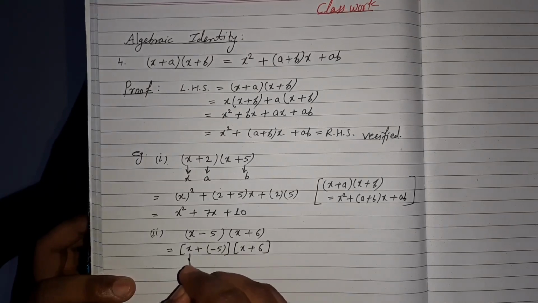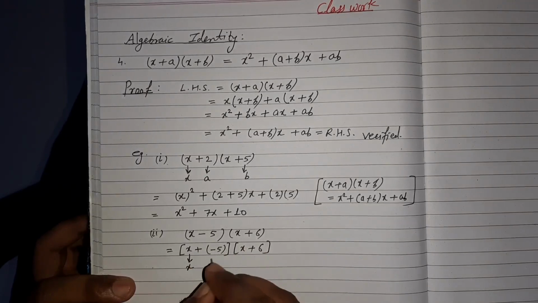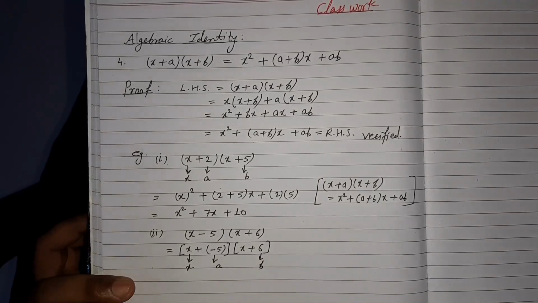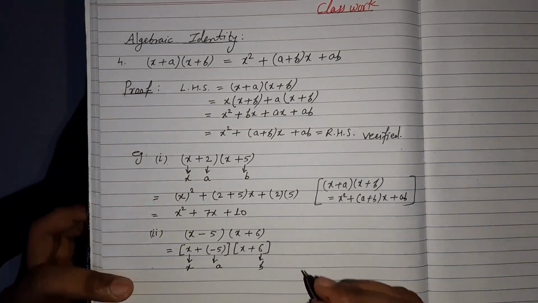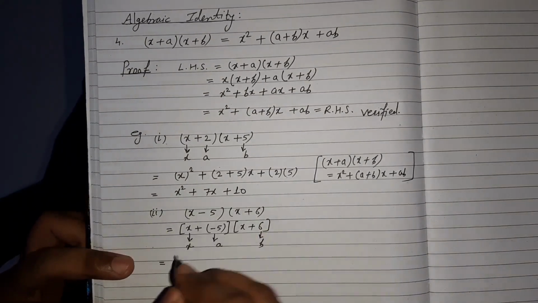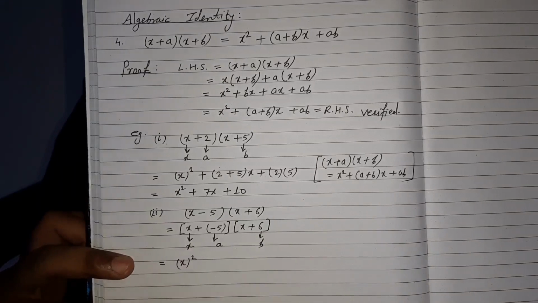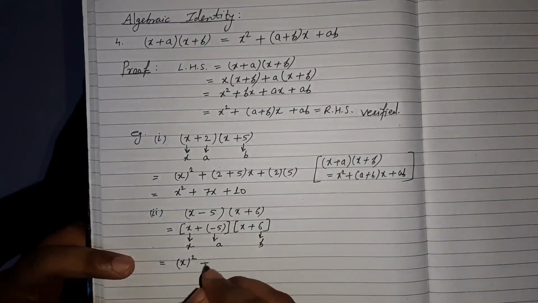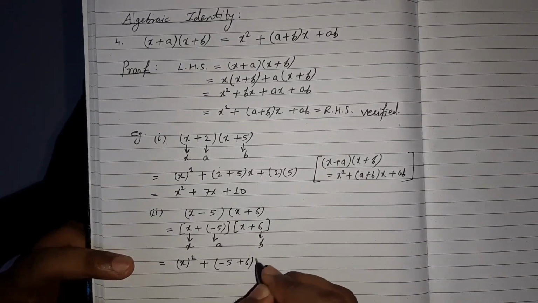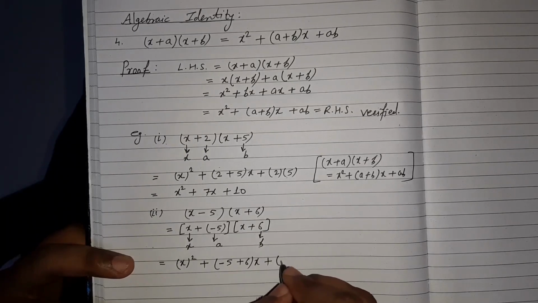This is the value of x, this is the value of a and this is the value of b. According to this identity, it will be x², the value of x is x, so x², plus the value of a, minus 5, plus the value of b, 6, times x, plus ab, minus 5 times 6.